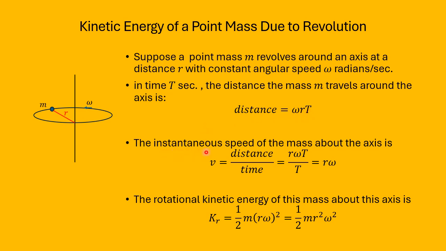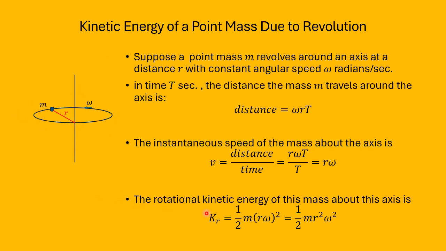The instantaneous speed of the mass around the axis then, actually I should say the average speed, but we're also assuming that the speed doesn't change, so it is the instantaneous speed also. The speed v equals the distance traveled divided by time, and the distance was r omega t, and the time interval was t, and this simplifies to r times omega. So that's the instantaneous speed due to the rotation of the mass around this axis.